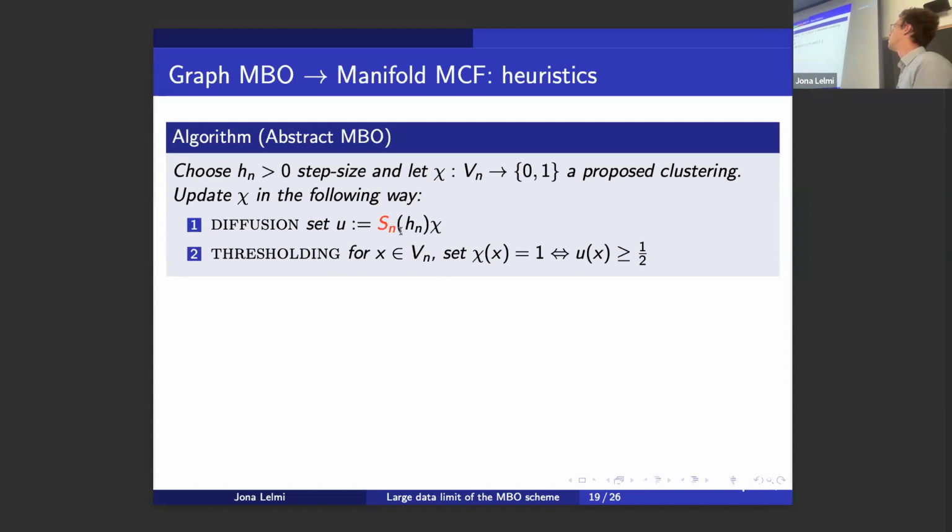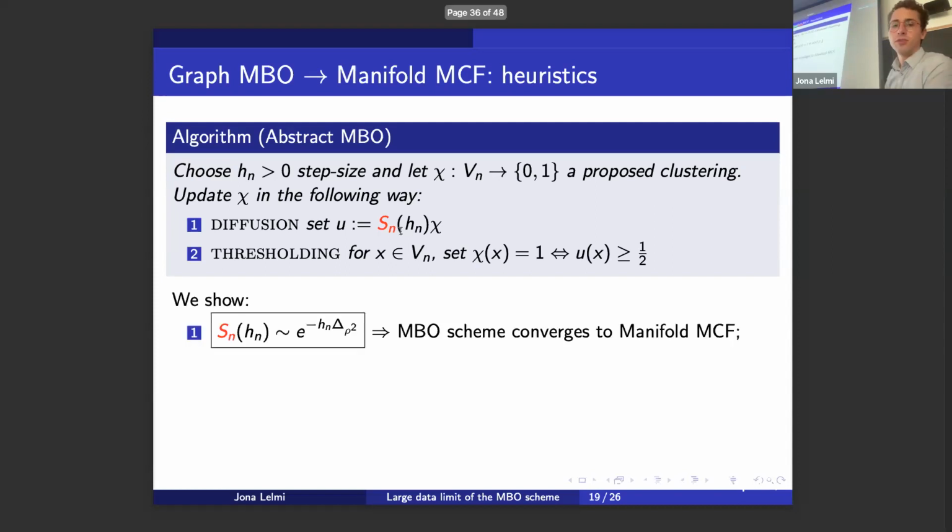You can think of it as a semigroup, but it does not have to be a semigroup. In the classical case, it is the Euclidean heat kernel, or the graph heat kernel. So what we prove is that if the sequence of operators S_n are close enough to the continuum heat kernel, then the MBO scheme converges to the manifold mean curvature flow.